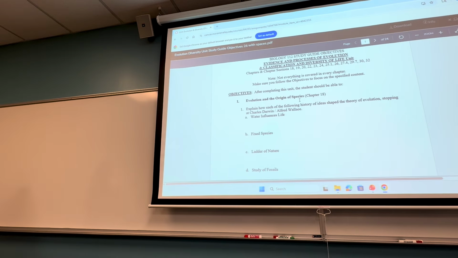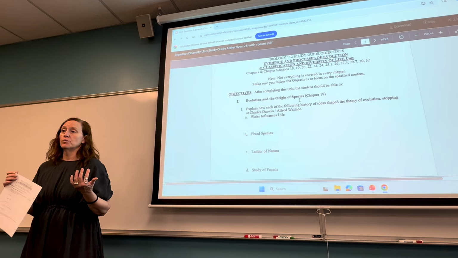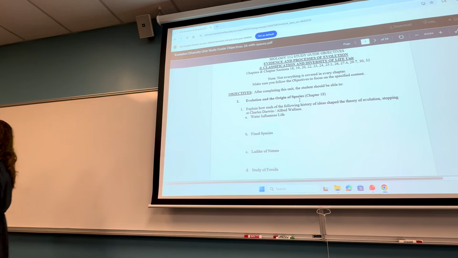So if you're going through the objectives and you're writing a couple words, that is not sufficient. The way that I grade the objectives is if they are thoroughly done, meaning that they match pretty well to what I have in my notes, you'll get the full amount of credit. If it's pretty good, but maybe it said draw an illustration and you did all the writing but you didn't do any of the illustrations, you'll get 80%.